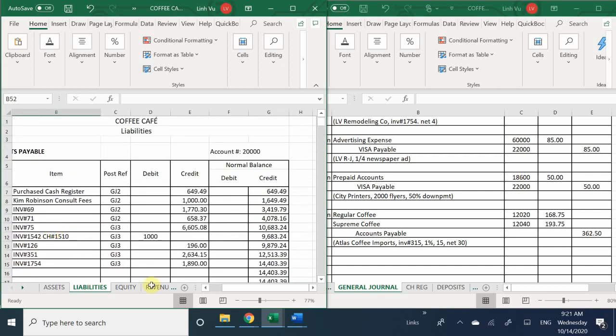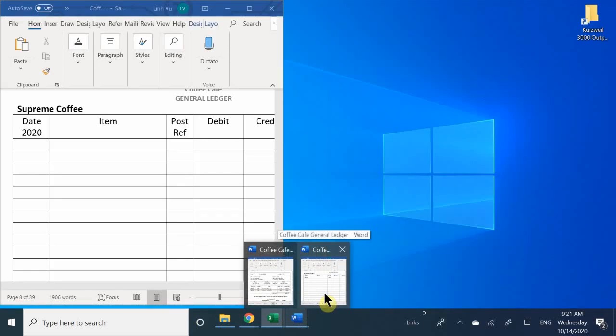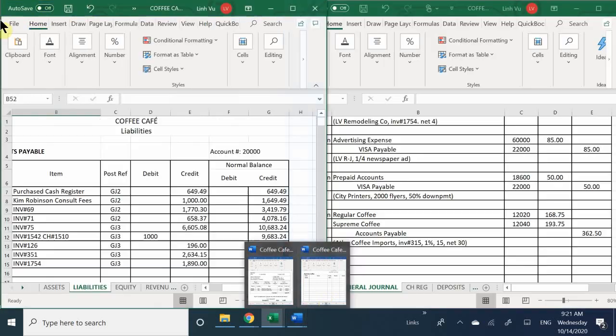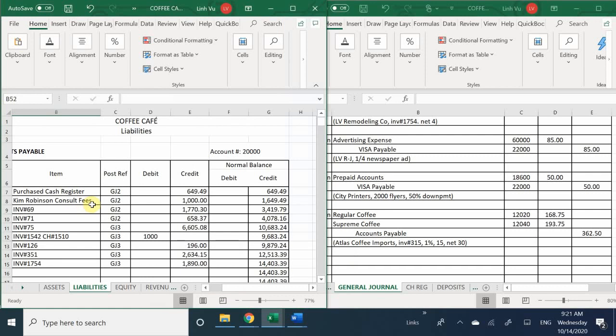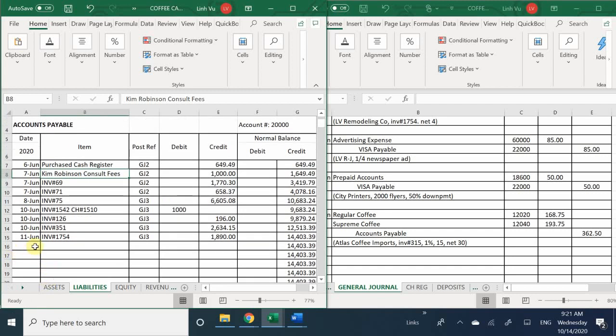And then the last thing I'm going to enter in here is going to be my accounts payable account. So that should be page 17 in your ledger. So let me see. Accounts payable. Since we just placed this on an accounts payable, it's going to be June 12th. Invoice number 315. Okay. General Journal number 4.